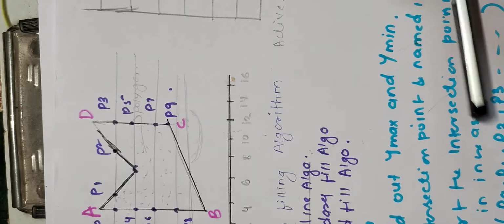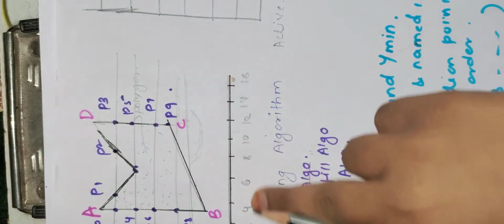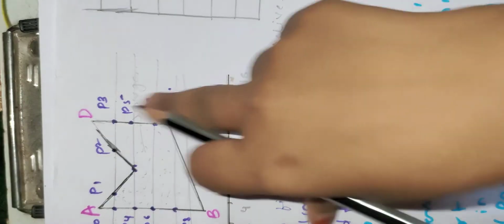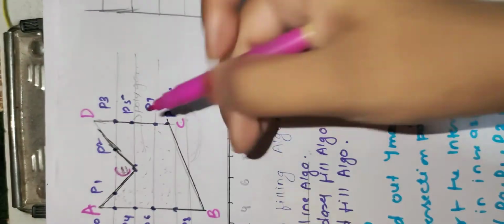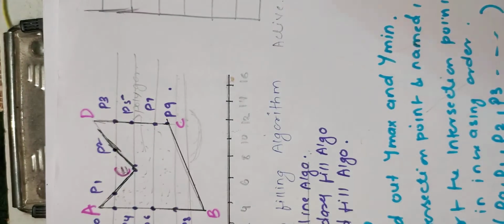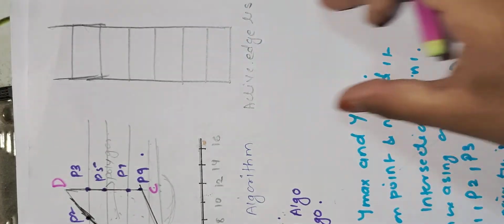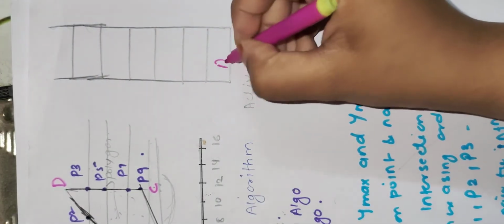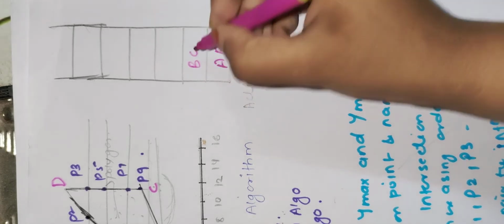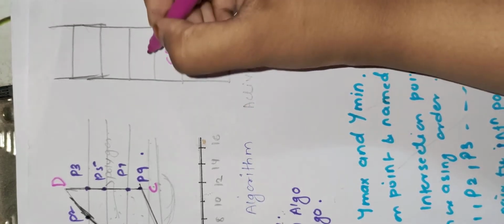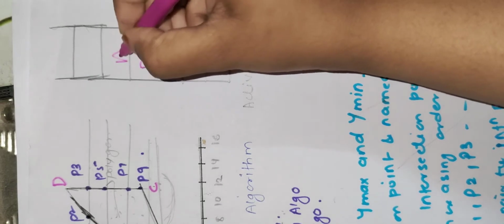Here the edges are AB, BC, CD, and suppose we take a point E, so it also gives edges DE and AE. Now we have to put these edges in the active edge list or active edge bucket. So the edges are AB, BC, CD, DE and AE.